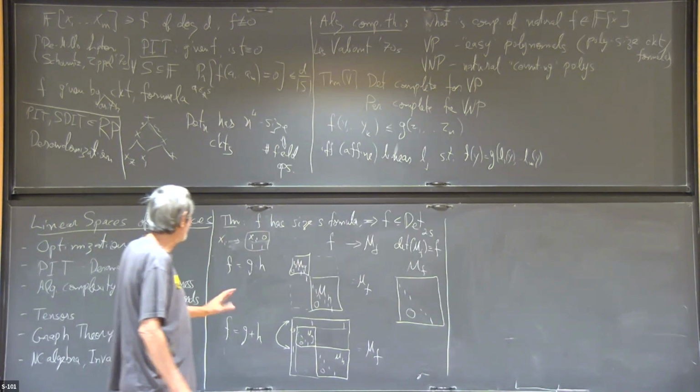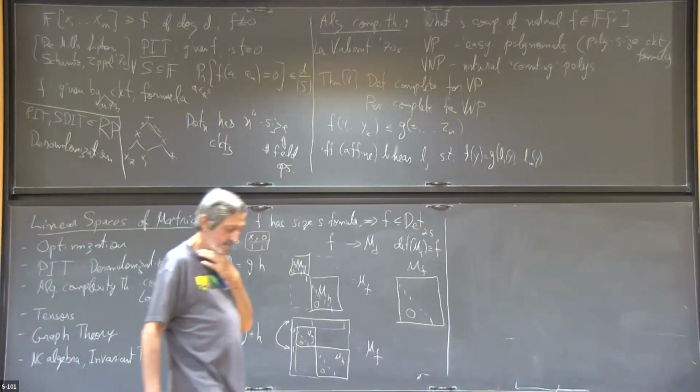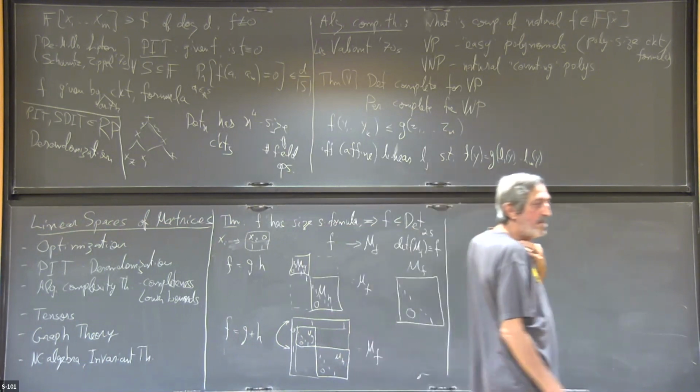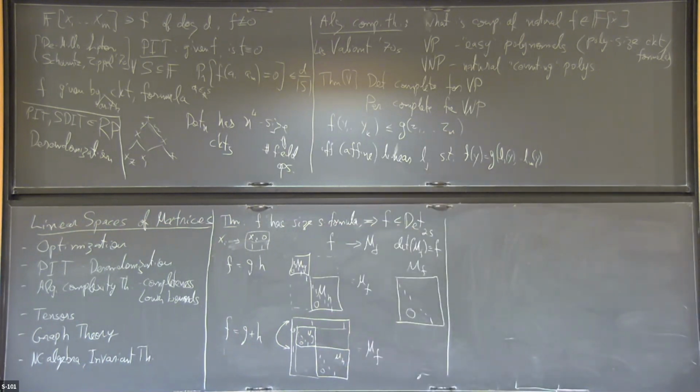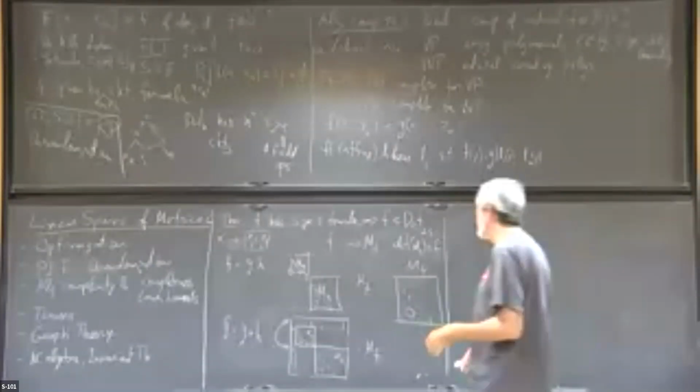So now about the permanent. It's a theorem that states that if you have a formula, a polynomial, then it reduces in polynomial time to the linear case. Yeah, but let's talk about it at the end.